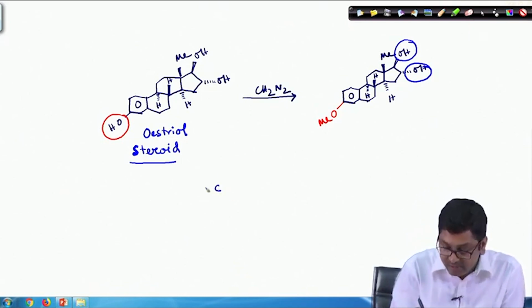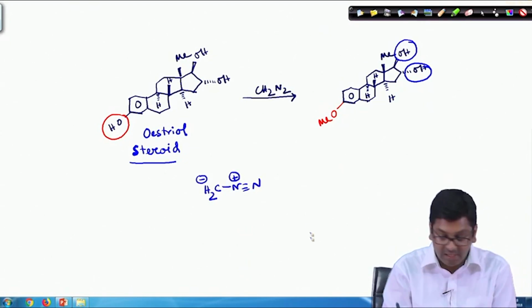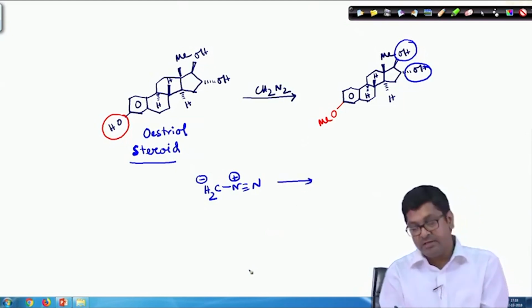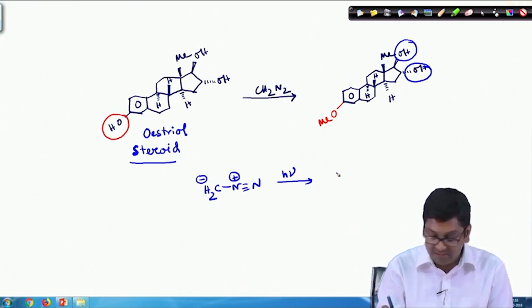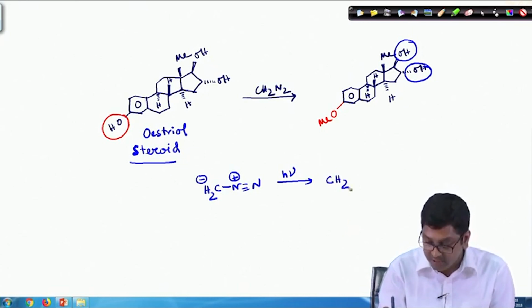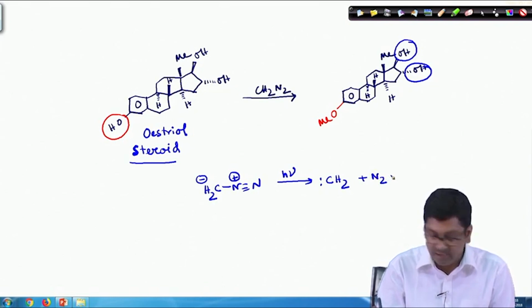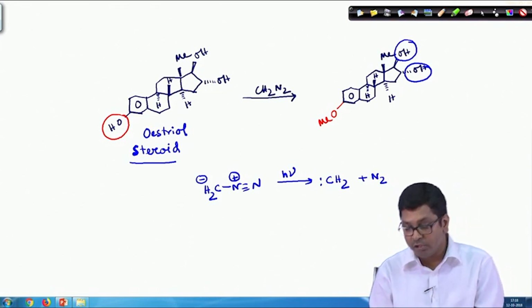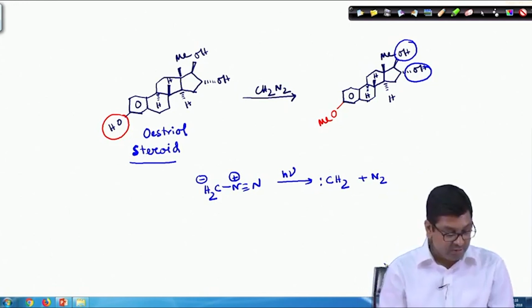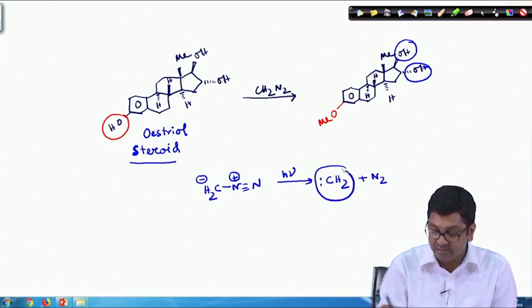So, in principle, we have diazomethane, and this photochemical decomposition gives the corresponding carbene, okay, with the elimination of nitrogen. It is a very stable molecule, nitrogen. So, that will generate this carbene species.